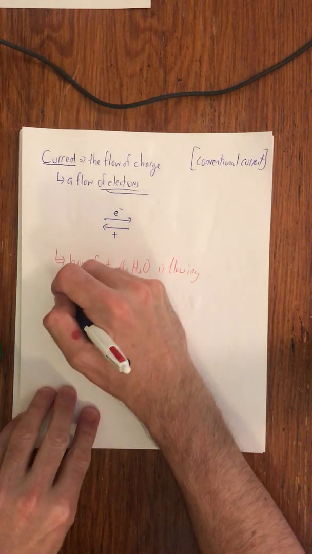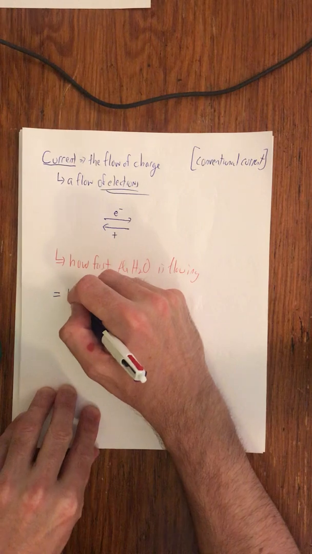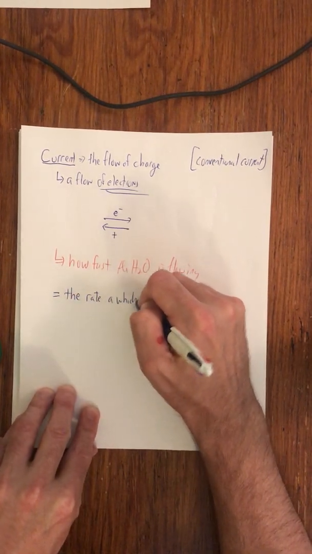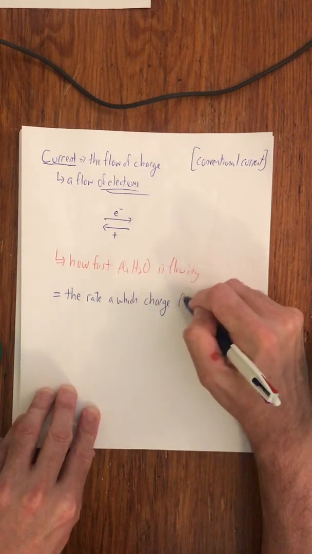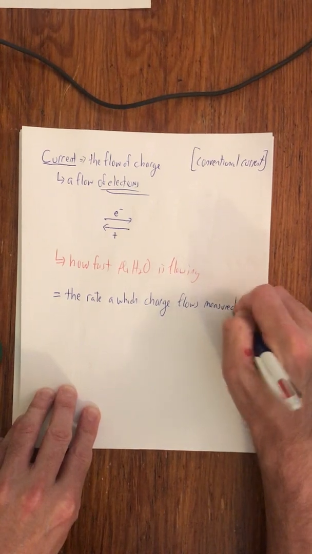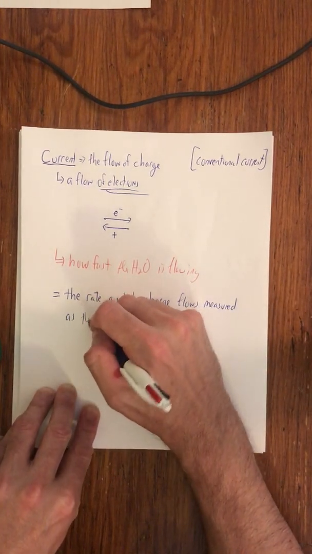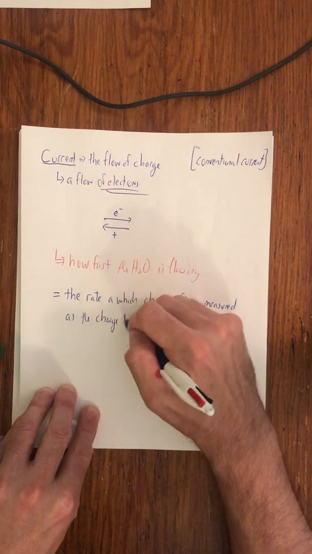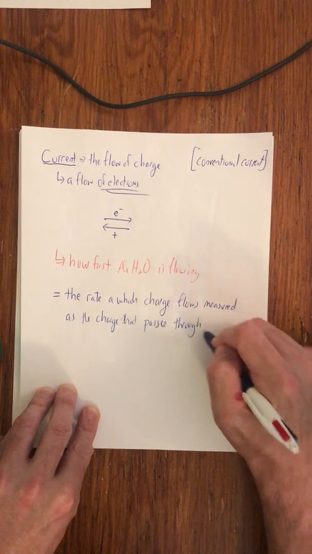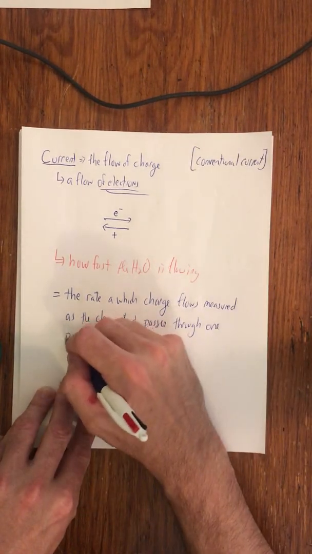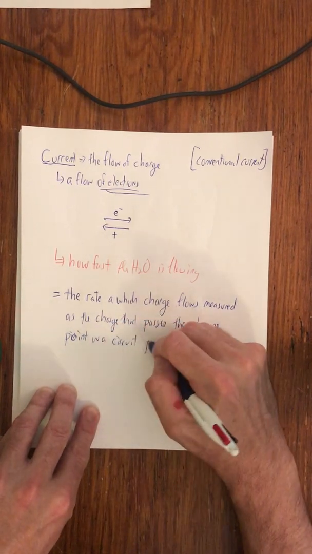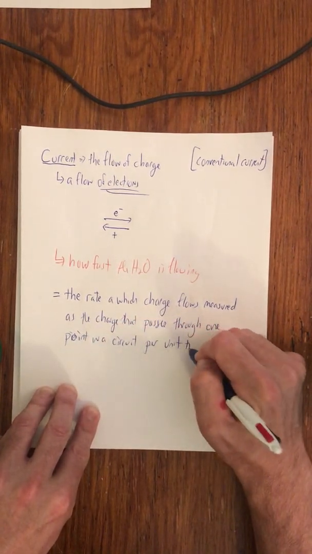Current is the same way. Current is going to be defined as the rate at which charge flows, which is deceptive, but measured as the charge that passes through one point in a circuit per unit time.